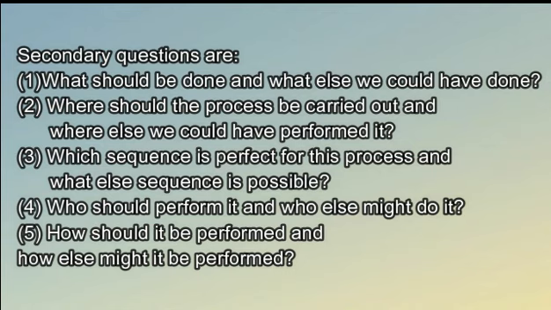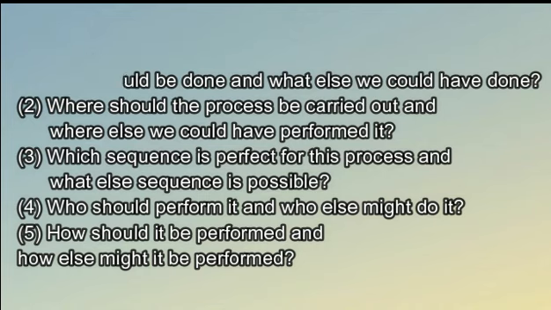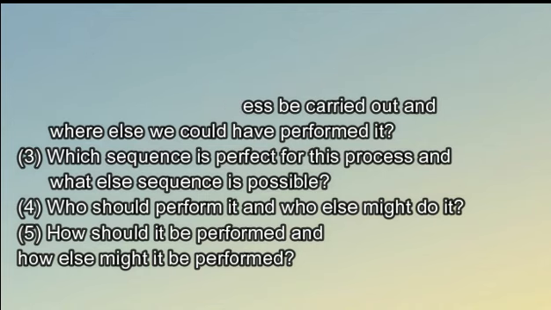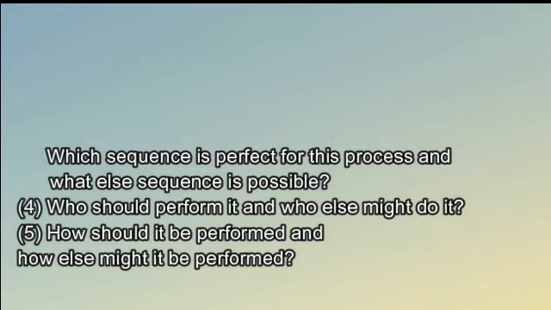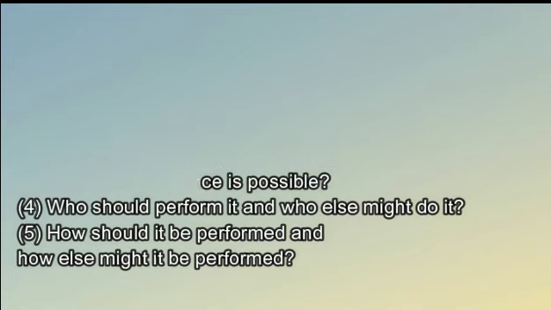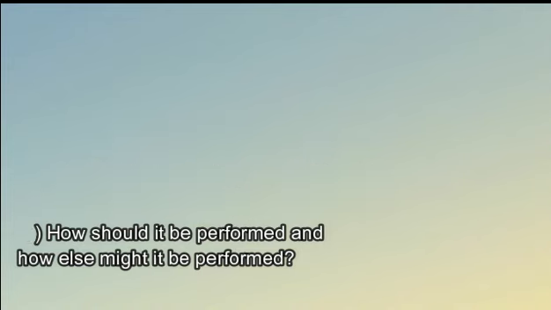Third, which sequence is perfect for this process and what other sequence is possible? Fourth, who should perform it and who else might do it? Fifth, how should it be performed and how else might it be performed?